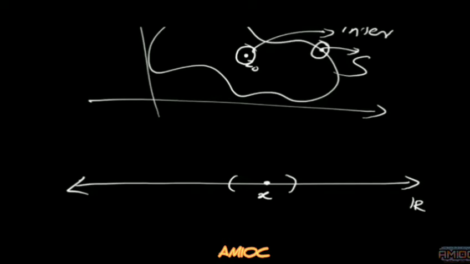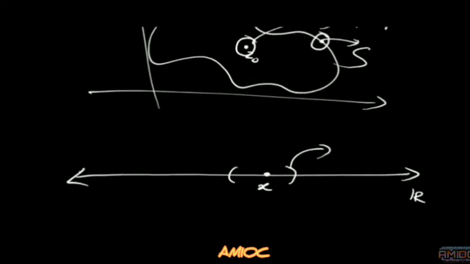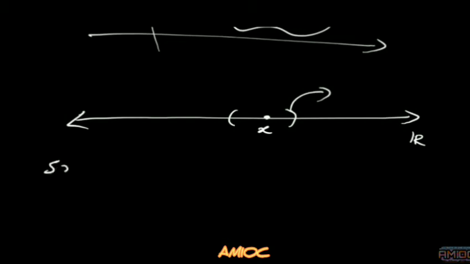In case of complex analysis, the open intervals become open disks. That means open disk means a neighborhood of that point. We can look at some examples in real cases and some examples in complex cases also.